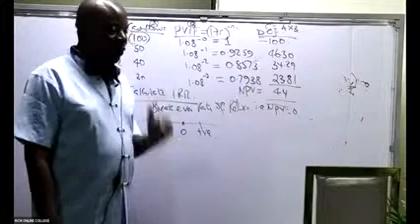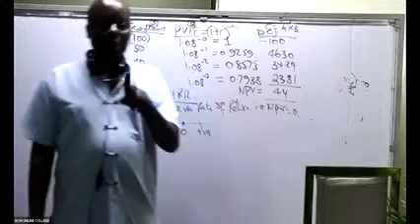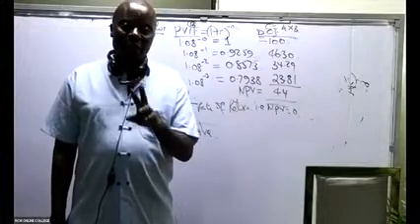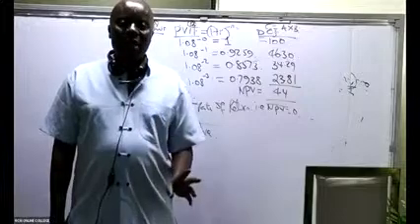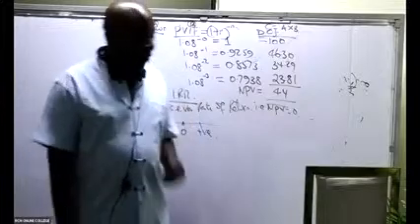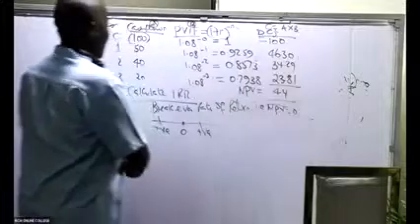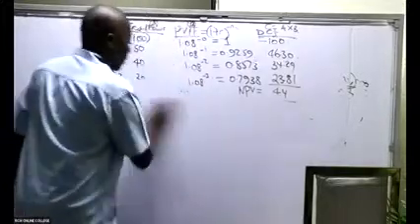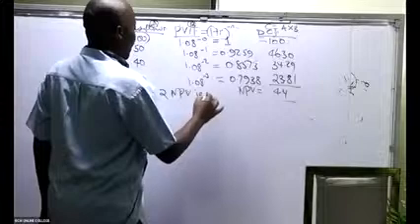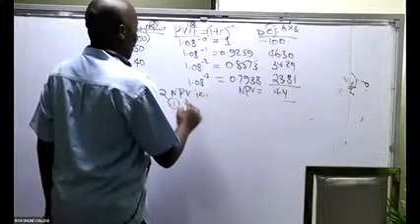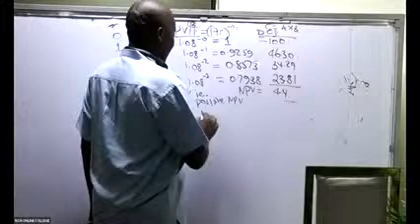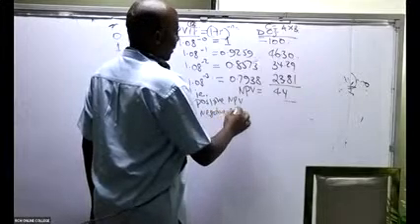You're writing down that to calculate IRR, we need 2 net present values: number 1, a positive NPV, and number 2, a negative NPV.